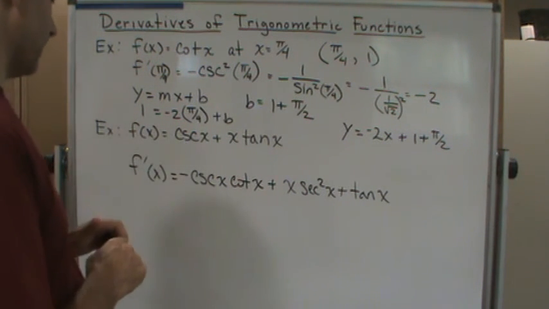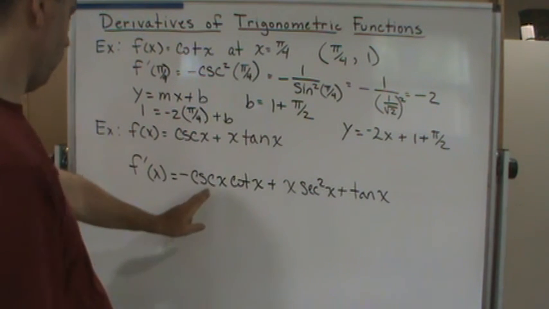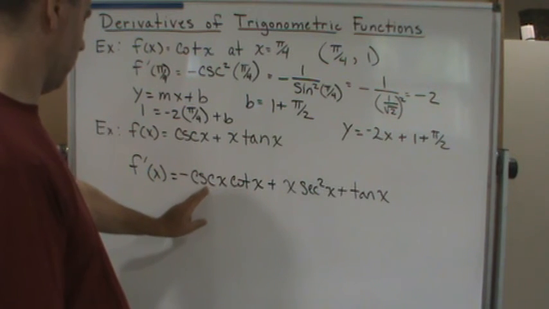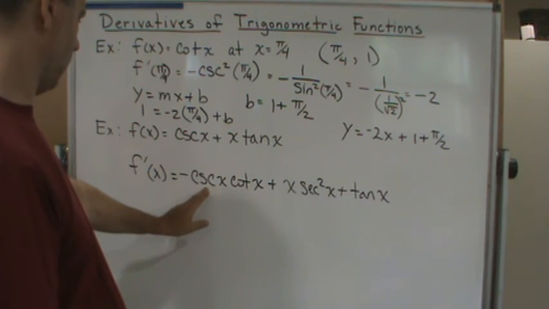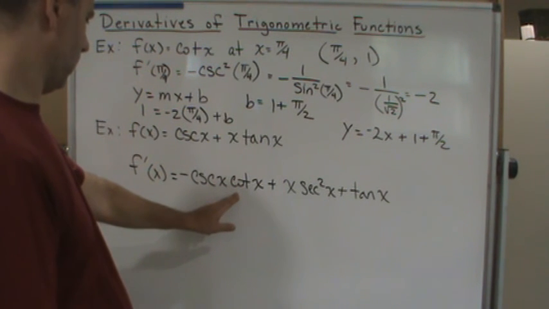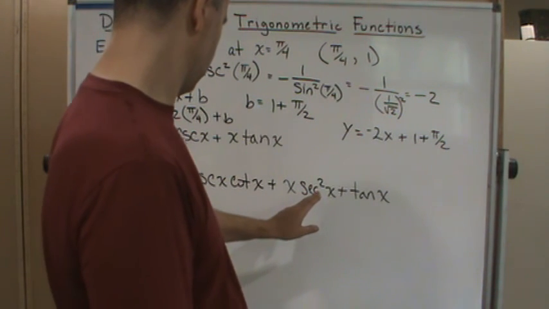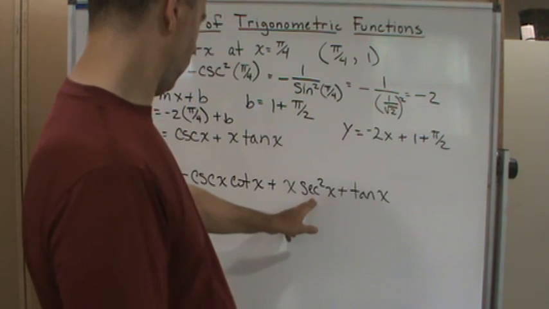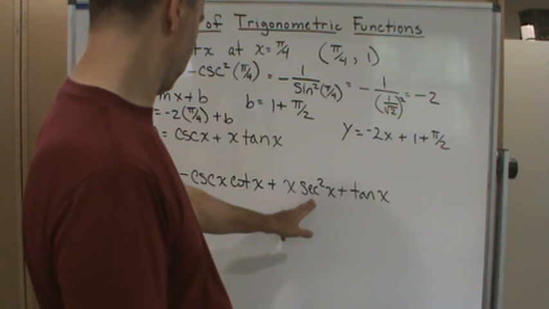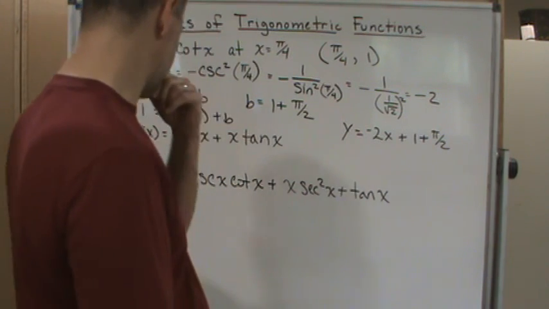Is there any way to simplify this? Let's see here. This is going to be 1 over sine, cosine over sine, plus 1 over cosine squared, tangent.